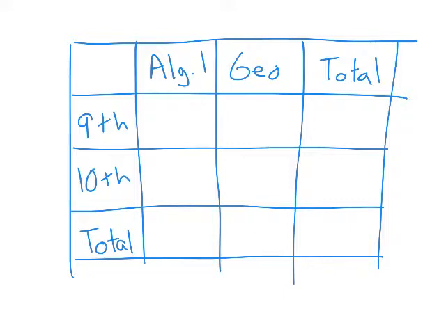Okay, so I'm going to give you some of the information. I'm going to have you fill in the rest of the information and answer a couple questions for me. I'm going to give you the 9th graders in geometry are 120. So there's 120 9th graders in geometry. There's a total of 525 9th graders. There are 205 Algebra 1 students in 10th grade.